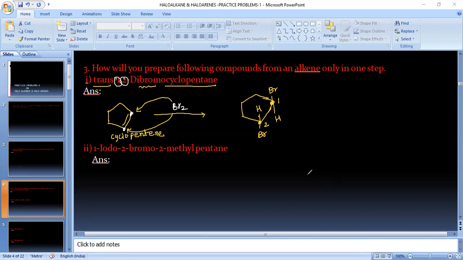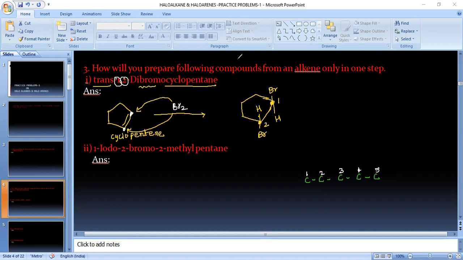Pentane should be written first. 1, 2, 3, 4, 5. Let it be here, I am taking the first carbon as this one. 1, 2, 3, 4, and 5.